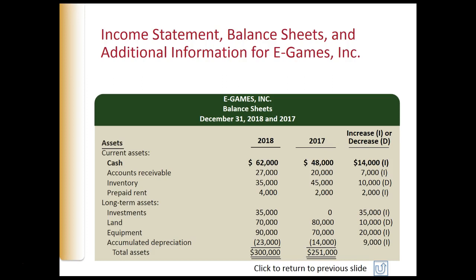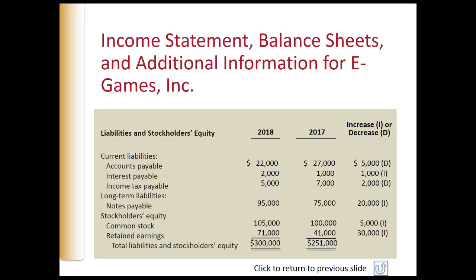Look at land. Land was at $80,000. It's now at $70,000. Land has decreased $10,000 from 2017 to 2018. If you look at the liability section, accounts payable in 2017 is $27,000, and in 2018 is $22,000.